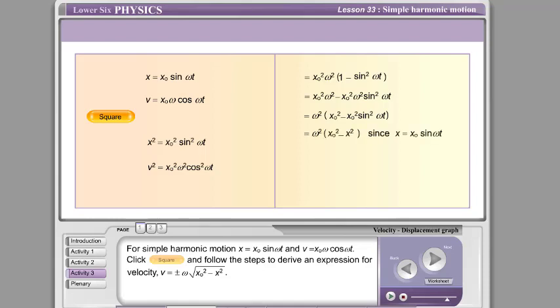Since x equals x naught sine omega t, v square equals omega square times x naught square minus x square. Therefore, v equals plus or minus omega times square root of x naught square minus x square.